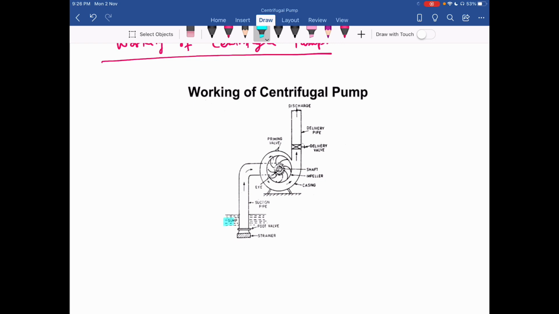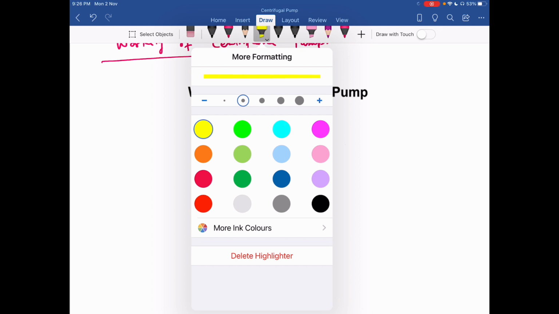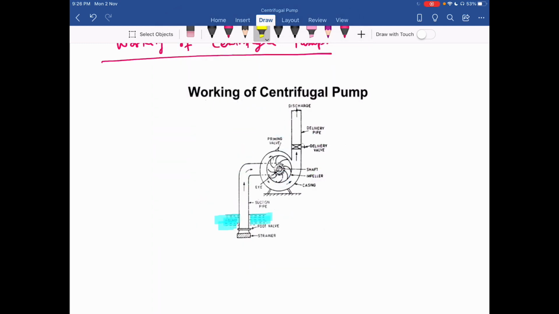This is the reservoir for the water from where we have to lift that, so that I call as sump. Now in the sump, I have two components. One is the strainer and second one is the foot valve.